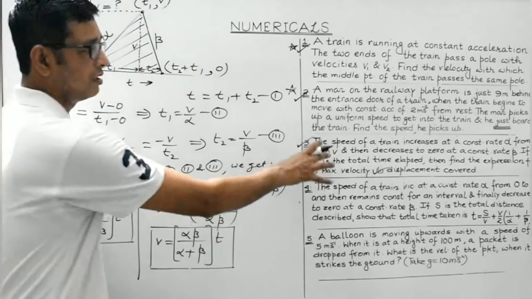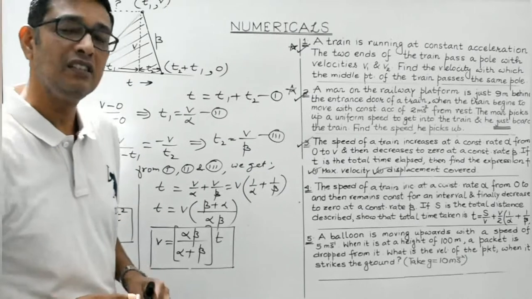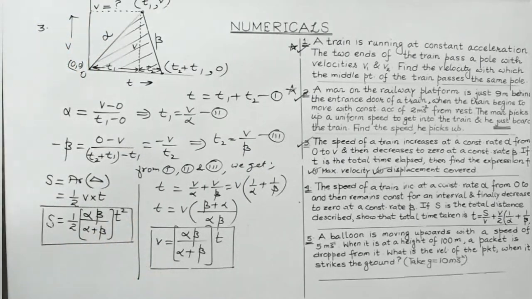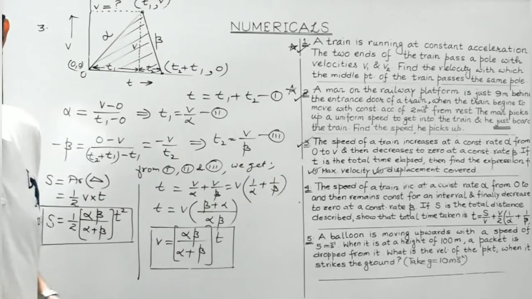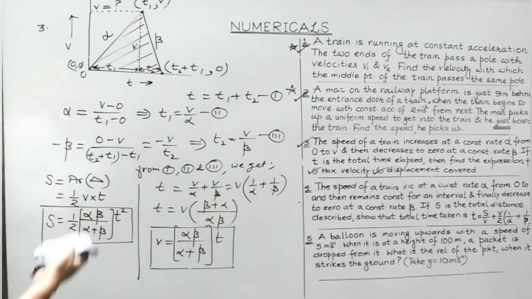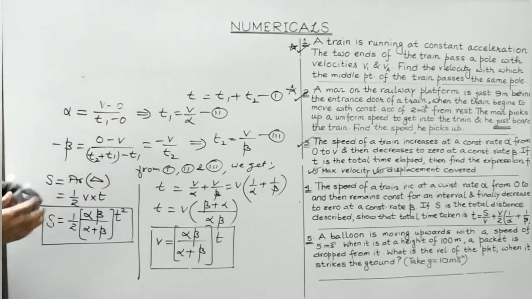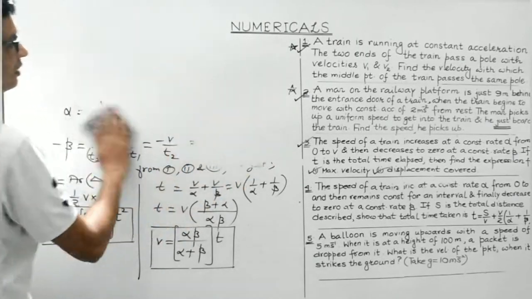Such questions, if solved graphically, are much easier and much more convincing, right? So we are over with the first 3 questions. The fourth one is somewhat related to the third one, right? So let's try the fourth question. Again, we'll make use of the same technique and try to solve it graphically only.